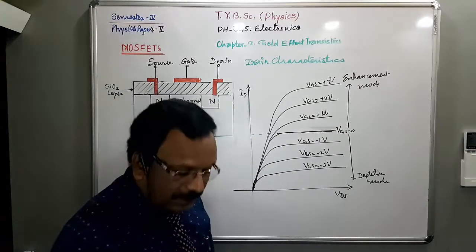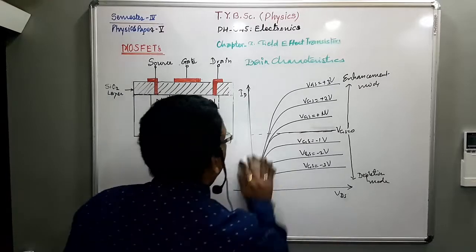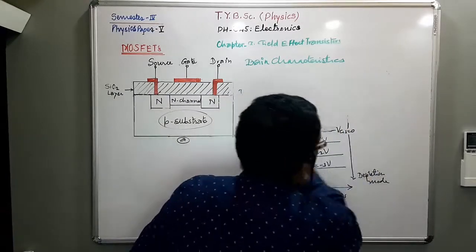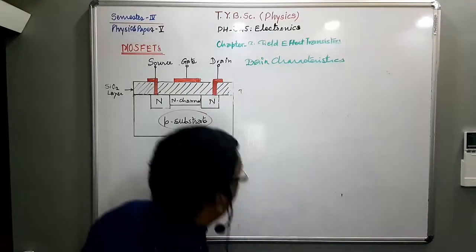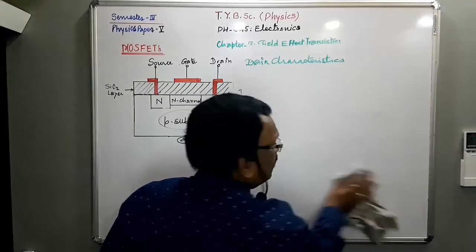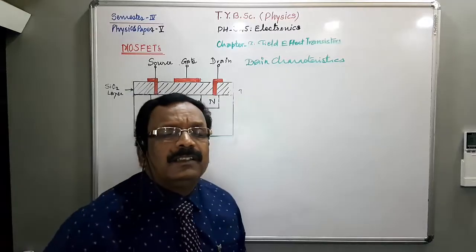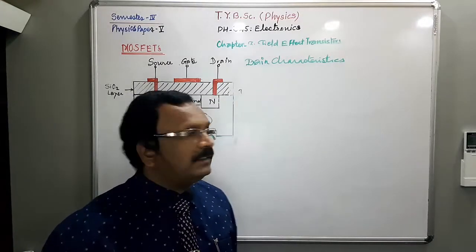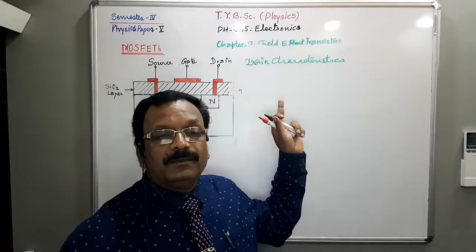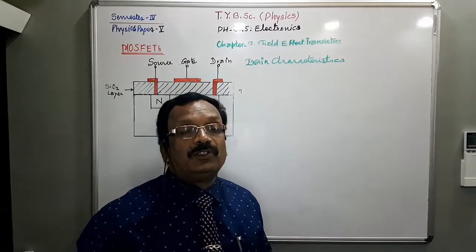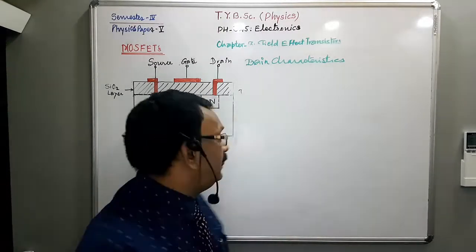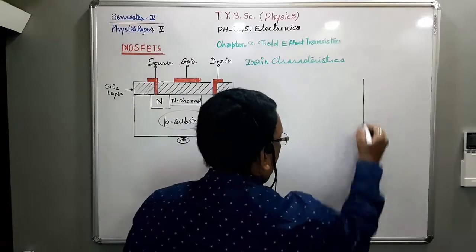Now we are going to see the transfer characteristics. Transfer characteristics of the N channel depletion type MOSFET in common source configuration look like this.